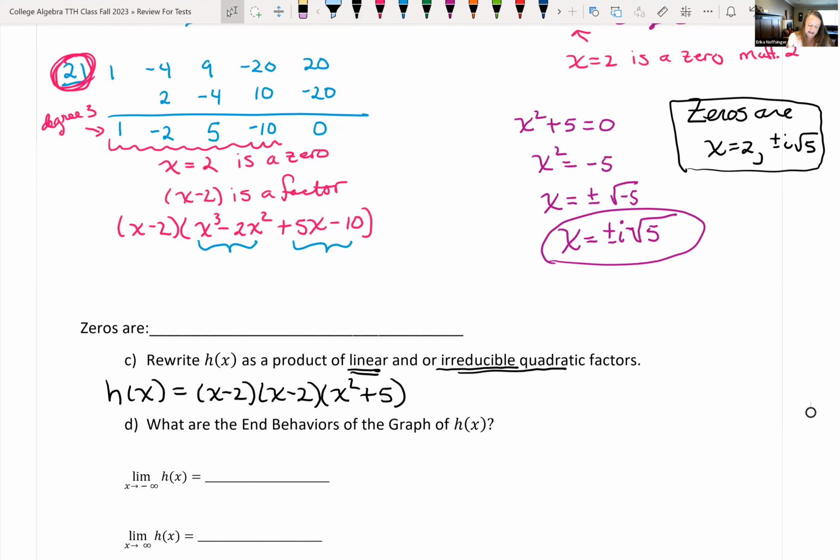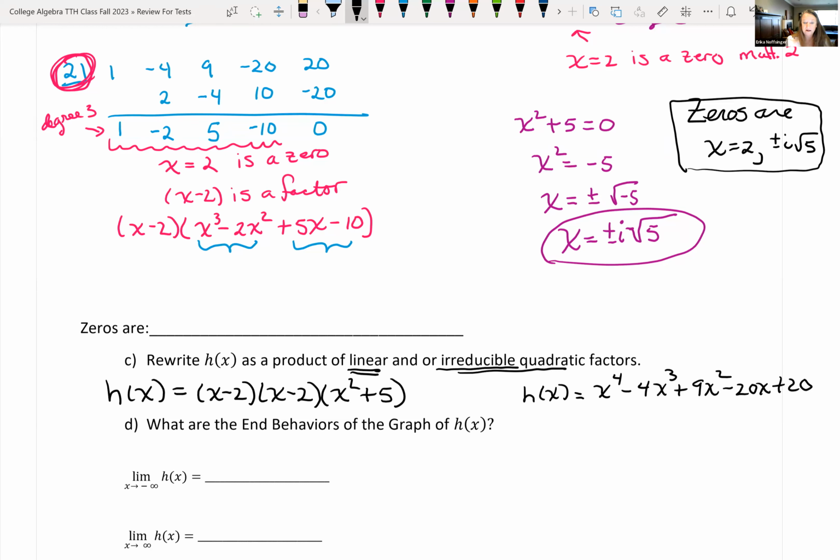So the next piece wanted us to find the end behaviors of our graph. I just write h of x over here so I don't have to keep going up and seeing it. So h of x was x to the 4th minus 4x cubed plus 9x squared minus 20x plus 20.